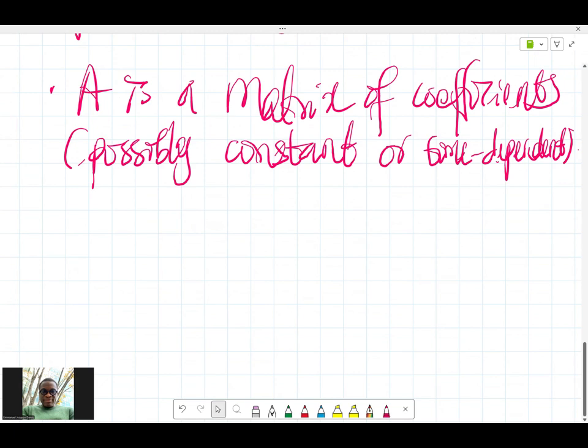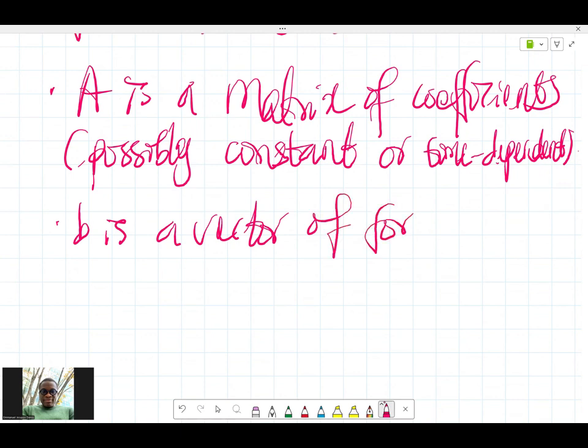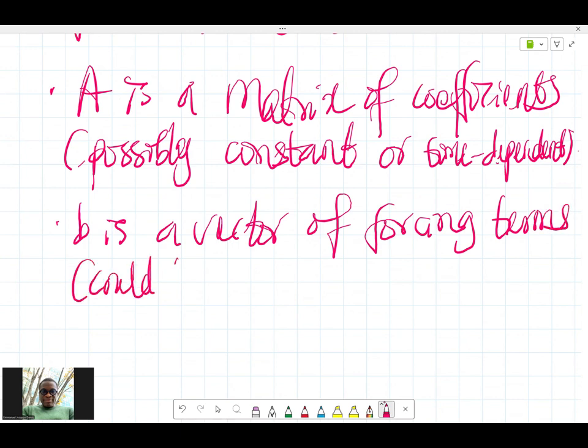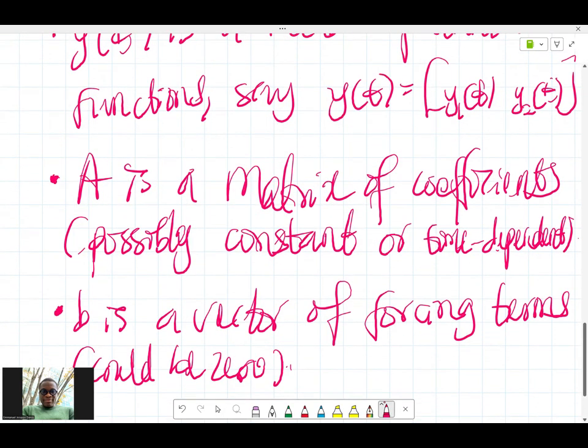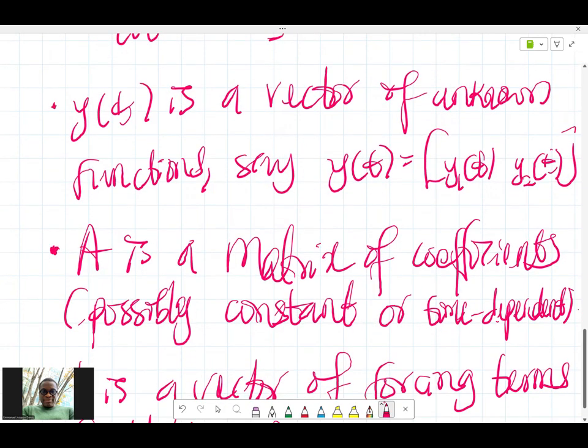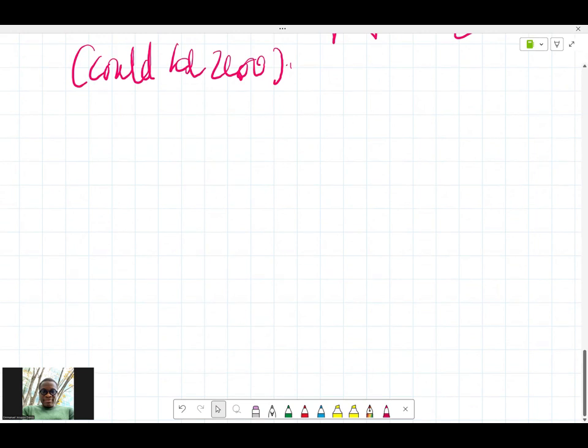Then we have b. b is a vector of forcing terms. But it could be zero. If it's zero, that means the equation is homogeneous. If it's non-zero, that means the equation is non-homogeneous. I'll be looking at homogeneous and non-homogeneous linear systems in the next set of videos after this one. So let's take an example of what this can be.